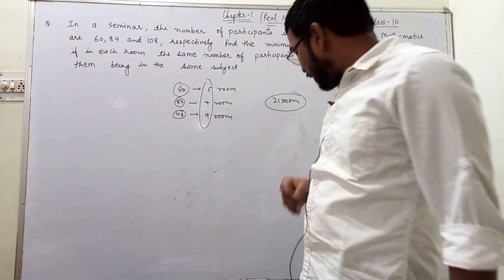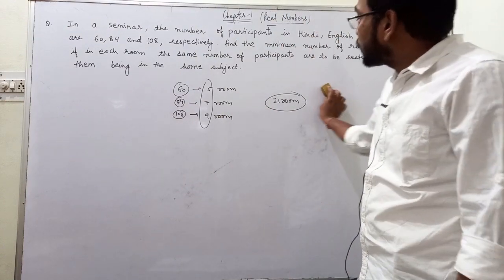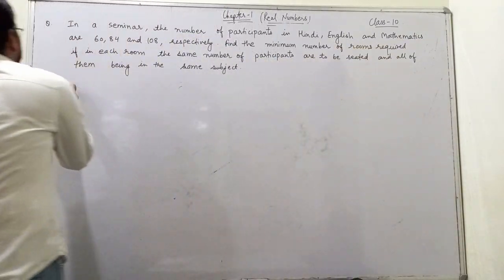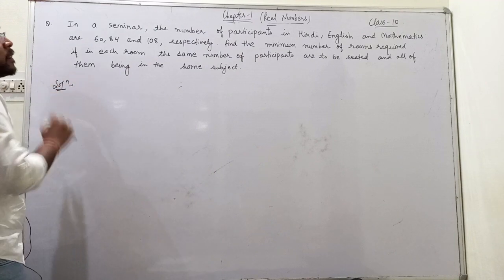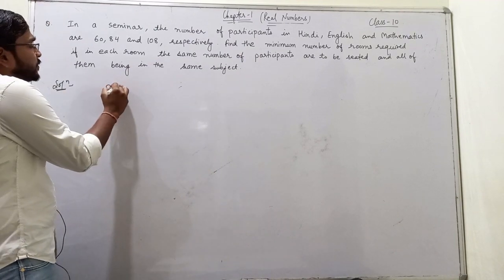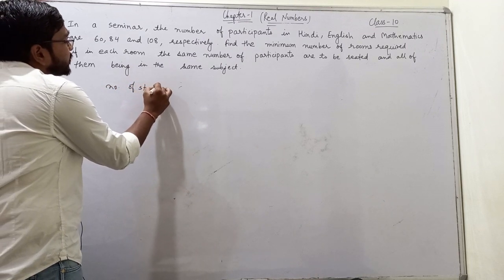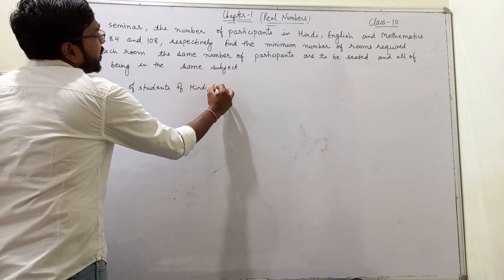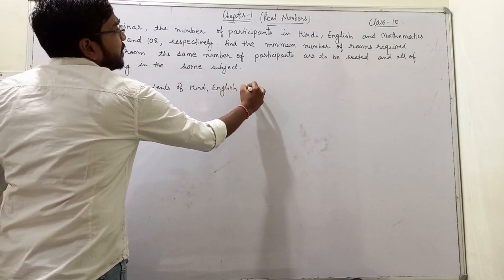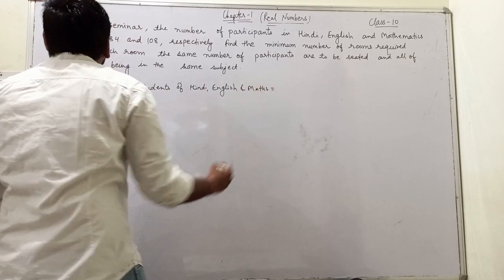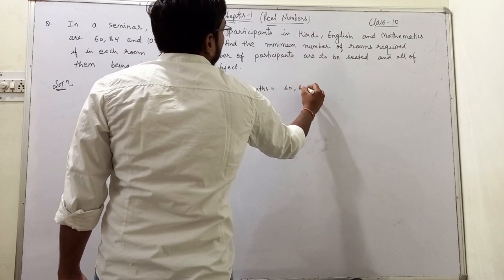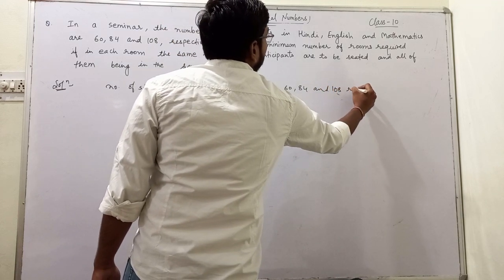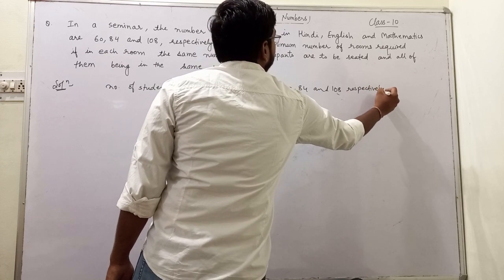But we need to write it from the exam perspective. So in your exams, how do you need to write it? Let us write. Number of students of Hindi, English and maths equals 60, 84 and 108 respectively.